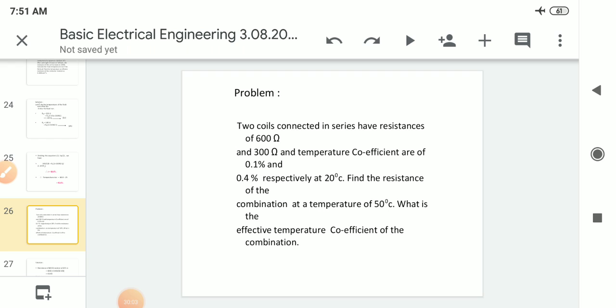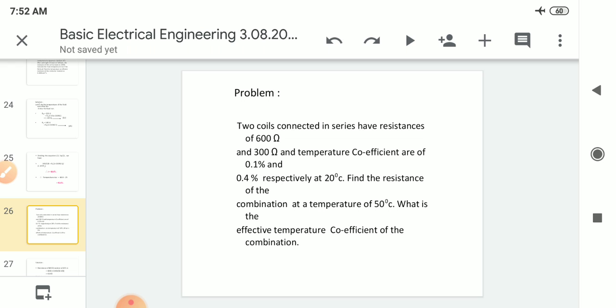Let's consider another problem. Two coils connected in series have resistances of 600 ohms and 300 ohms and temperature coefficients of 0.1 percent and 0.4 percent at 20 degrees centigrade. Find the resistance of the combination at a temperature of 50 degrees centigrade.